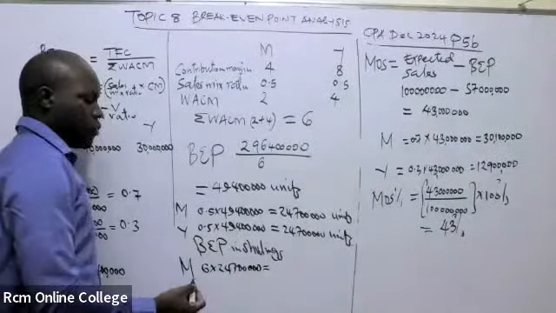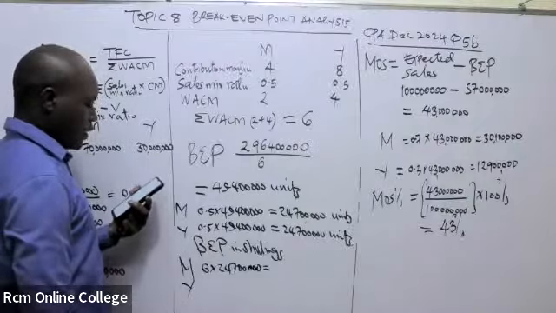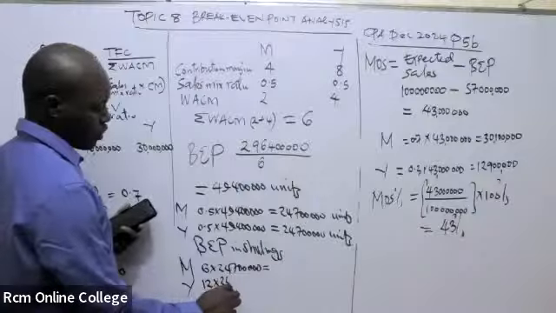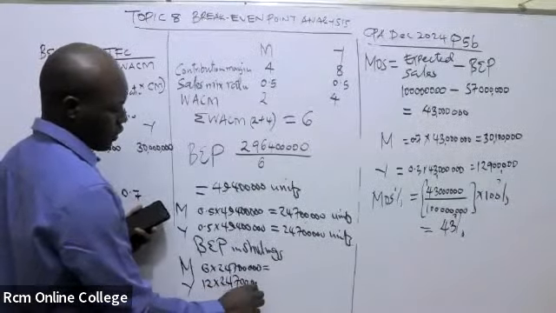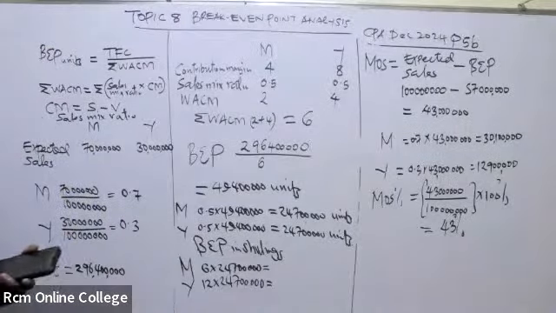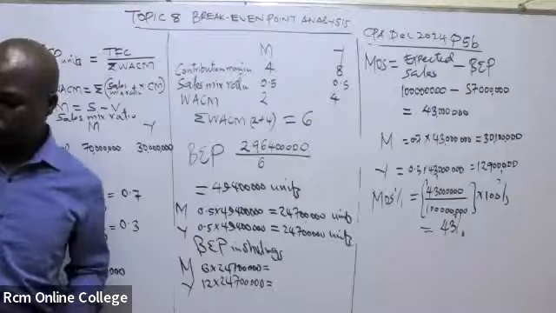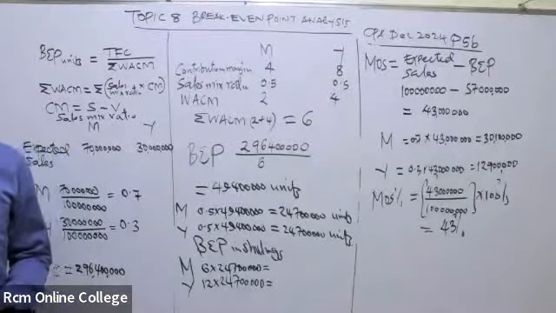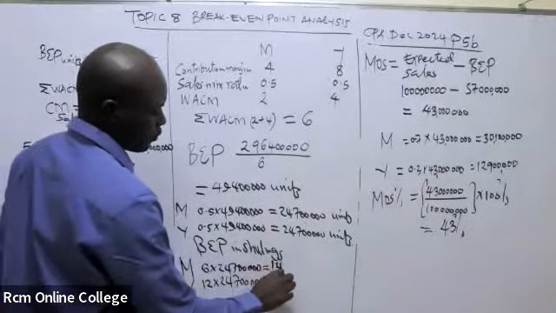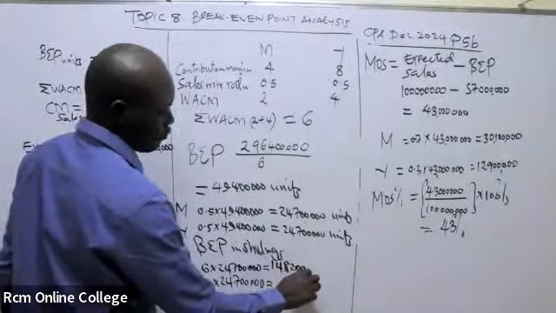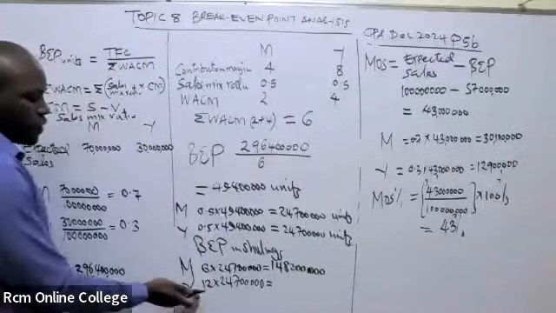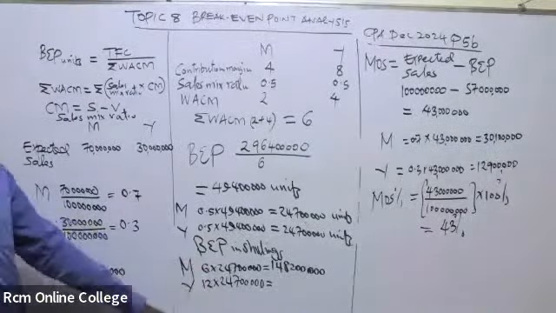For product Y, the selling price per unit is 12 shillings, so 12 shillings multiplied by 24,700,000. Please go ahead and give me the break-even point in shillings for product M. It is 148,200,000.